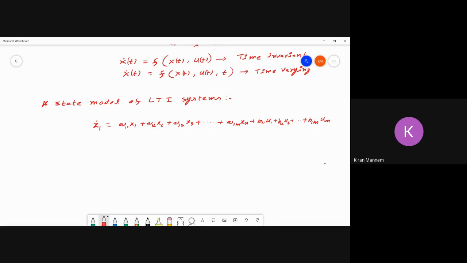Similarly, x dot 2 is equal to a21 x1 plus a22 x2 plus a23 x3 plus a2n xn plus b21 u1 plus b22 u2 plus till b2m um.